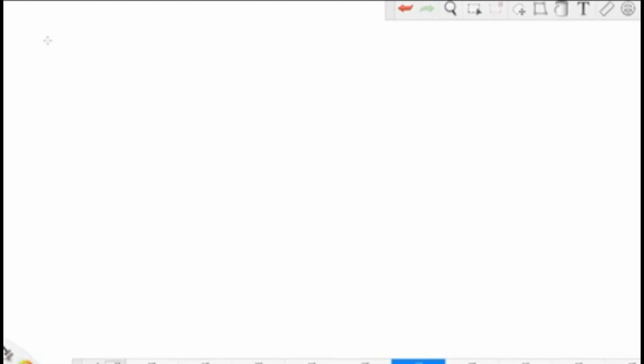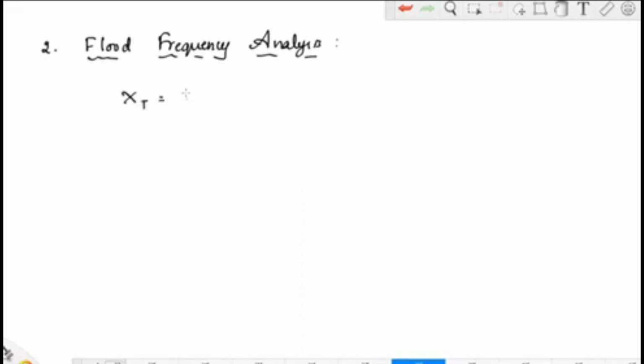Next, if possible, you remember this flood frequency analysis. So formulas I have given in detail. XT, extreme flood or maximum possible flood is equal to X bar plus KT into sigma. X bar is the mean flood.